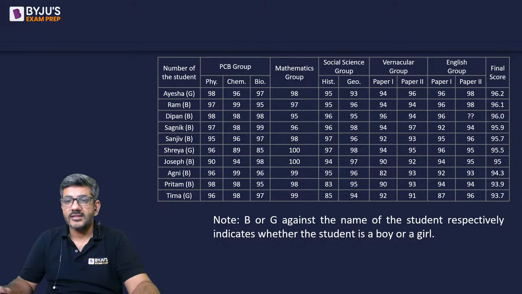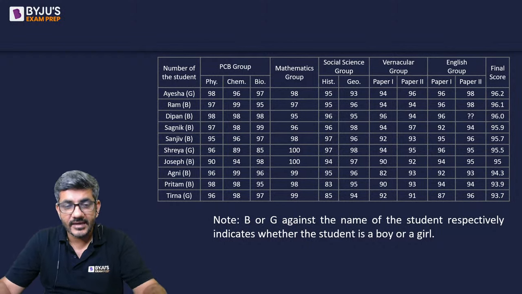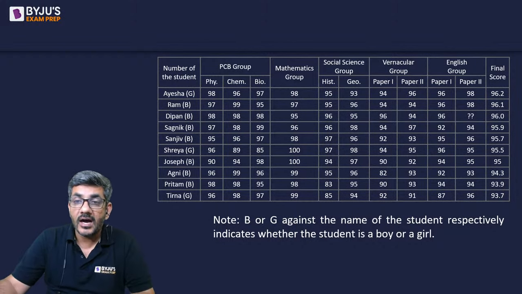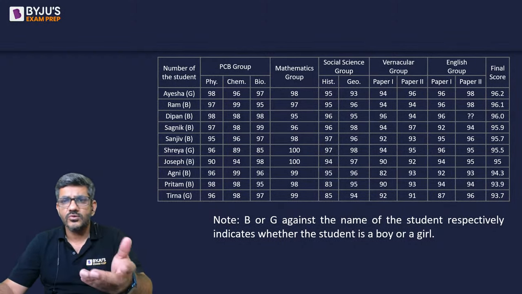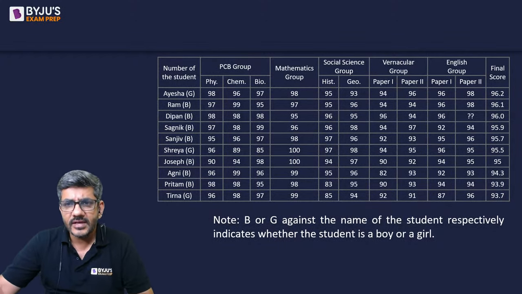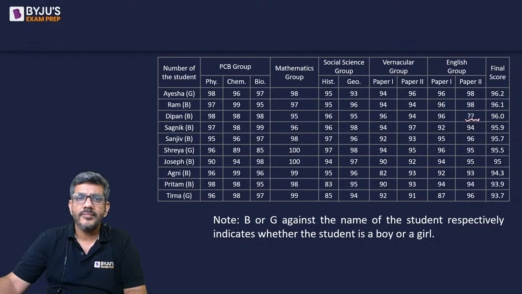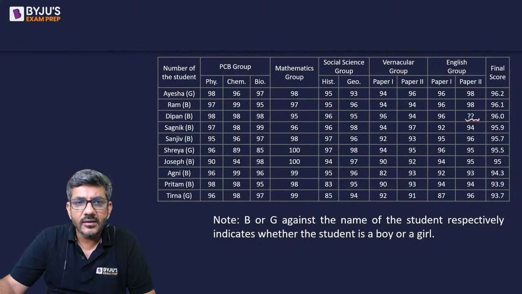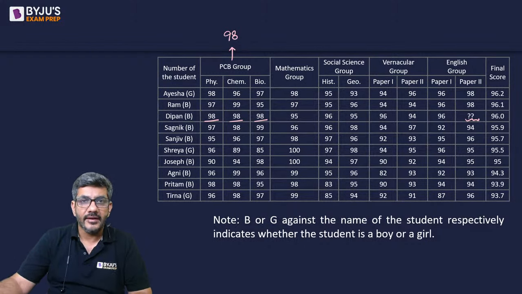So by looking at this table, you can try to understand how he is asking you to calculate these scores. I'm doing it for Deepan so that we can easily calculate this as well. Deepan's score in physics is 98, chemistry is 98, biology is 98. So his group score of PCB is 98 plus 98 plus 98 divided by 3, that is equal to 98.